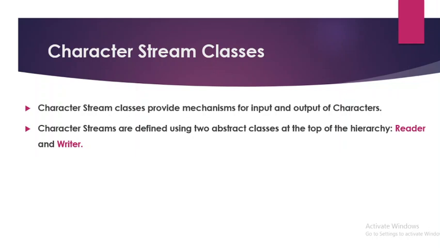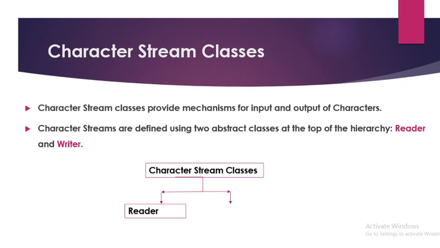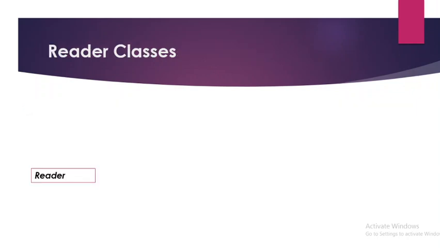So character streams are defined using two abstract classes at the top of the hierarchy, Reader and Writer. This is the basic structure, the top level of the hierarchy. So we will see them one by one.